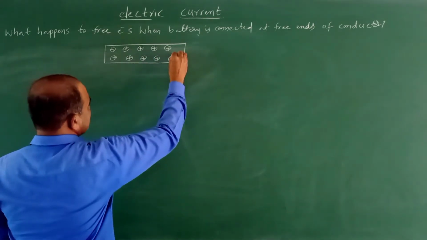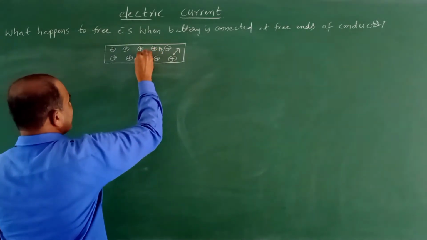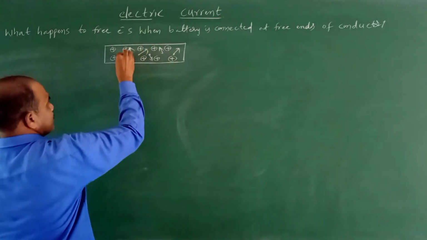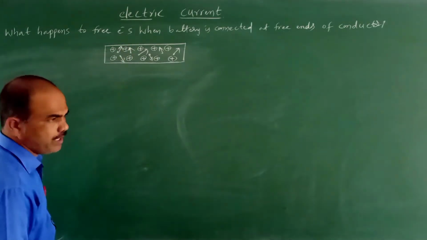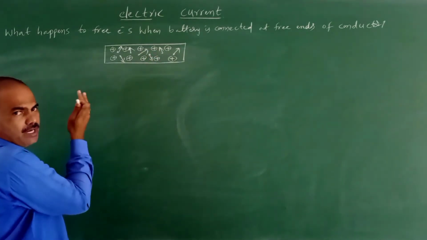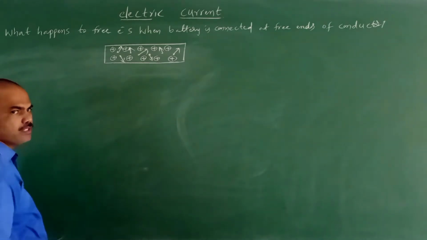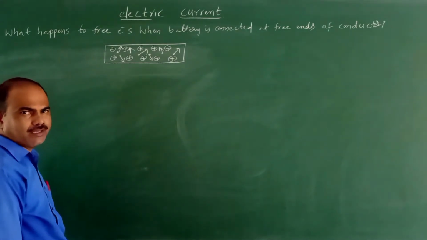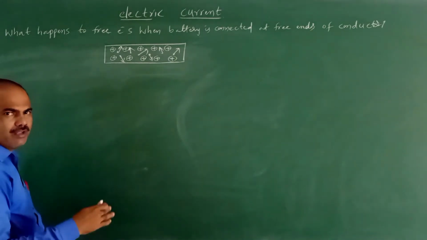These free electrons can move in random directions. When they move randomly, at any cross section the number of electrons moving from left to right and from right to left will be the same. Due to that, the net charge crossing the cross section is zero, and that is why the current is zero. That is what we already learned.